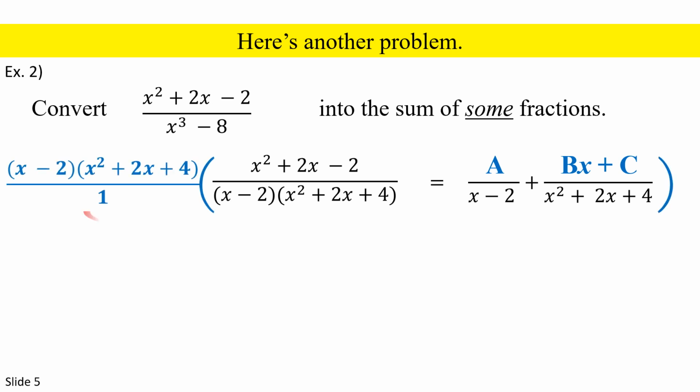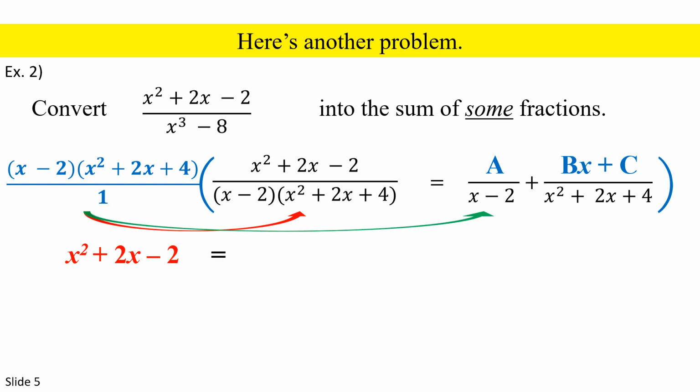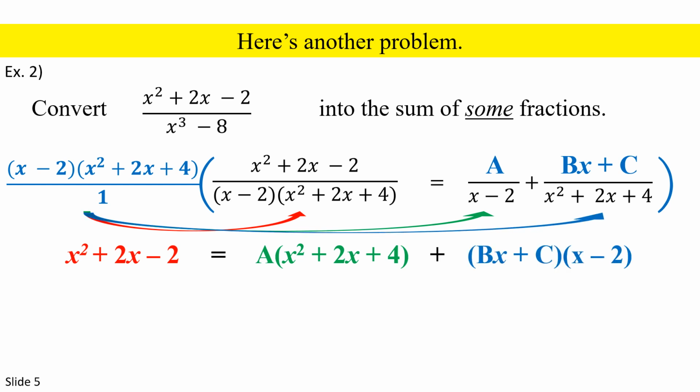Clear the fraction. On the left, we just have x squared plus 2x minus 2. On the right, we get a times x squared plus 2x plus 4, and then we get bx plus c times x minus 2. Let's use the same technique we did the second time.